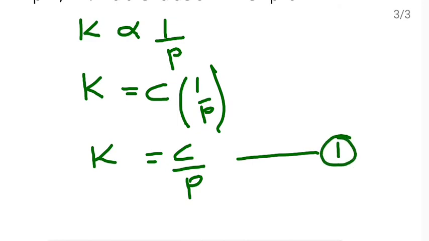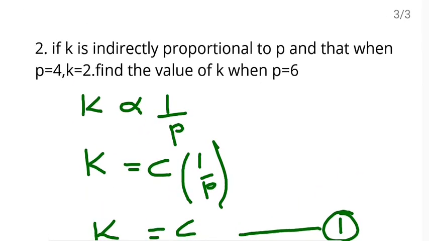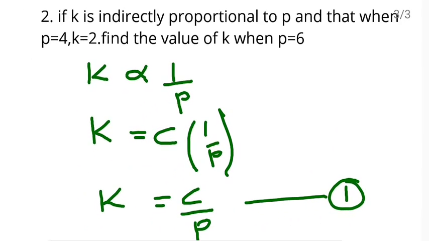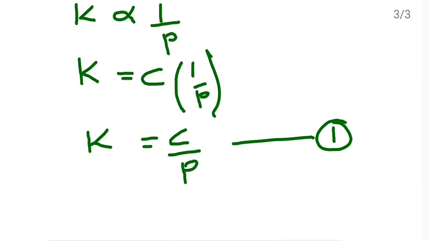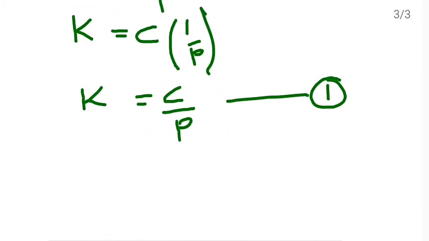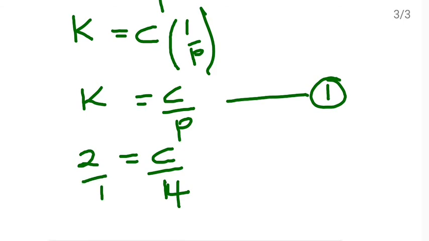You can call this equation 1. This equation will help you to get the value of the constant of proportionality c using the information that when p equals 4, k equals 2. So where there is k, you put 2, and where there is p, you put 4. We can now cross multiply so that we get the value of c.